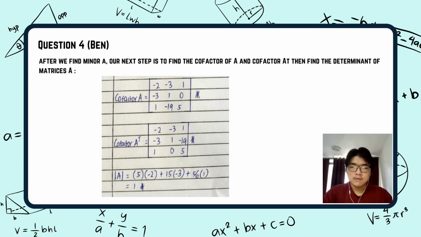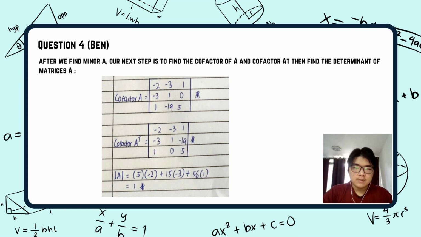What I mean by referring to our minor A is that we must multiply our minor A with the positive and negative signs. For example, for our minor A, M11 is negative 2, right? So negative 2 times the positive sign will remain the same as negative 2.